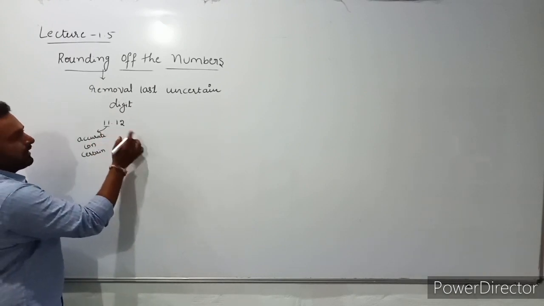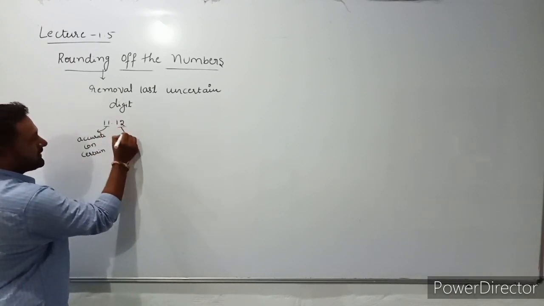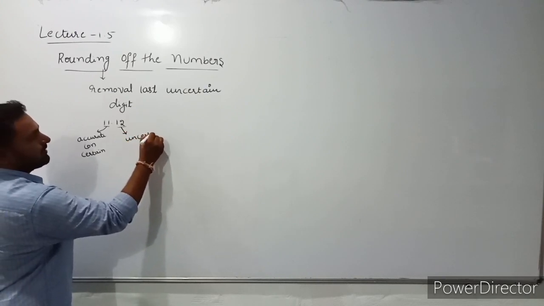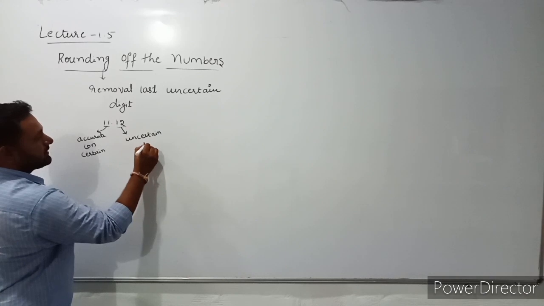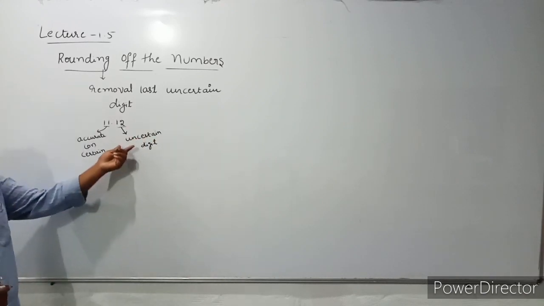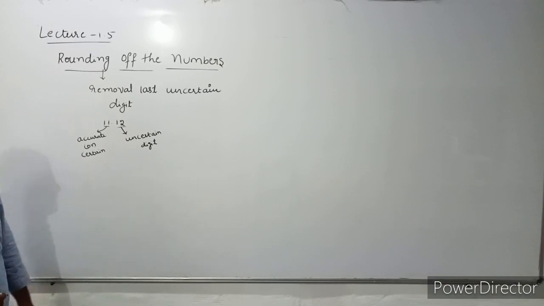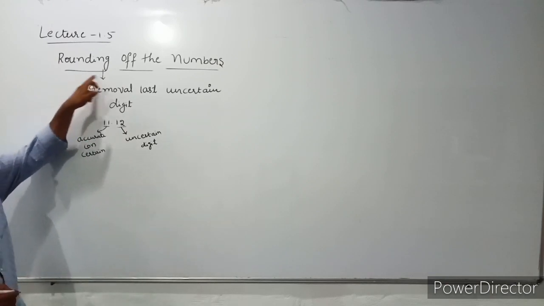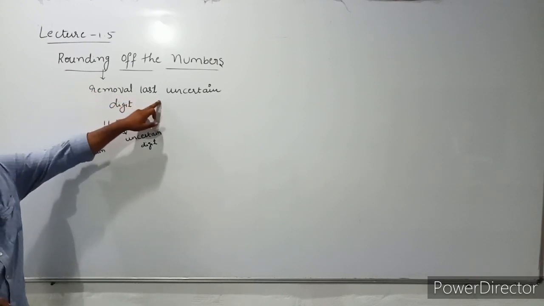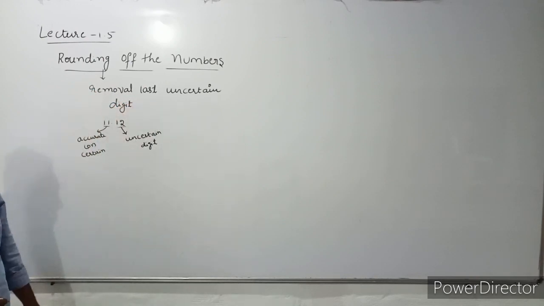After the decimal point, the digits are uncertain digits. We can call them doubtful digits. Rounding of the number means removal of last uncertain digit.